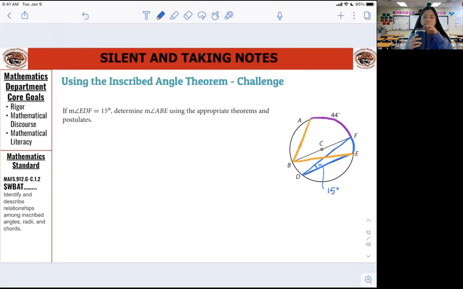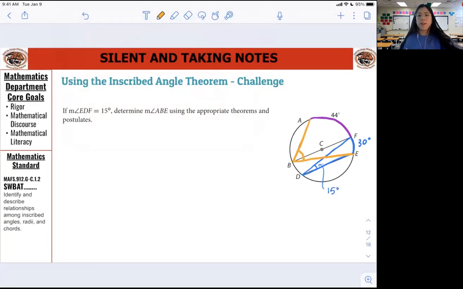You're really close. It's 30 degrees. You went the other way, Tyrone. Okay, so just remember the intercepted arc is 2 times the inscribed angle. So if FDE is 15 degrees, arc FE is 30 degrees.